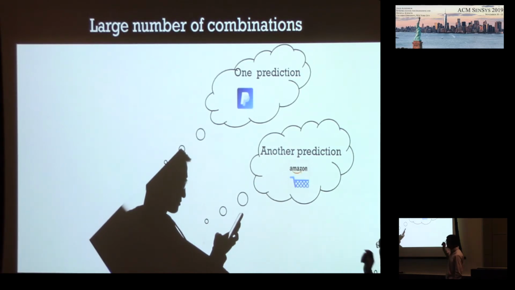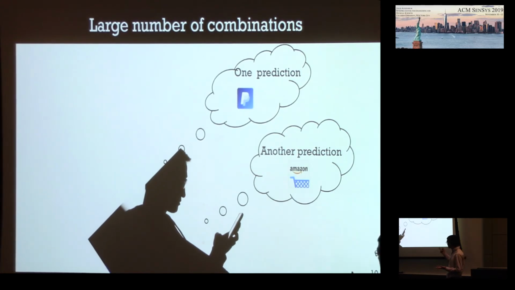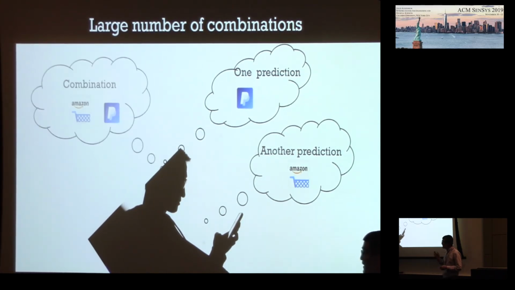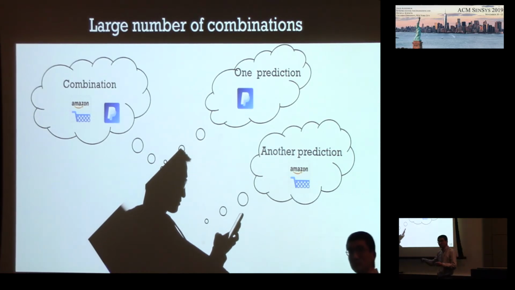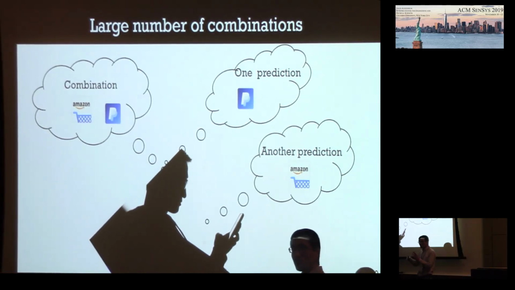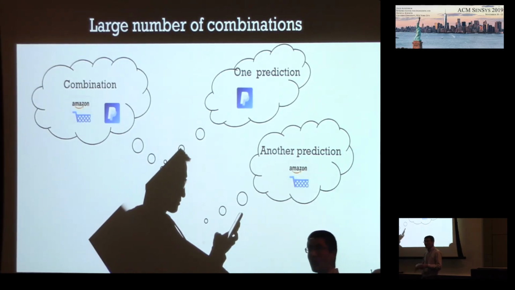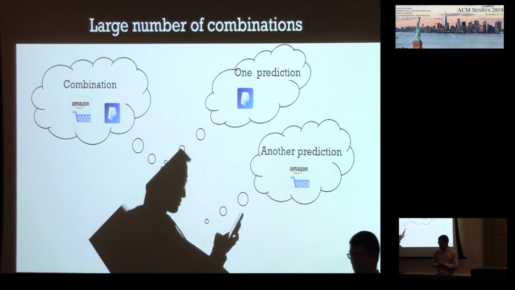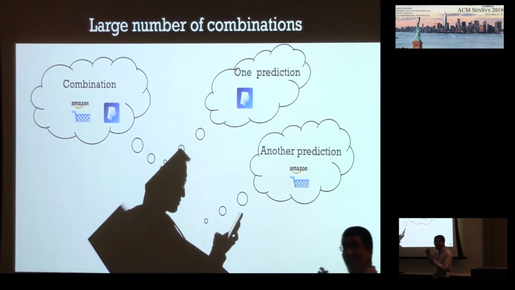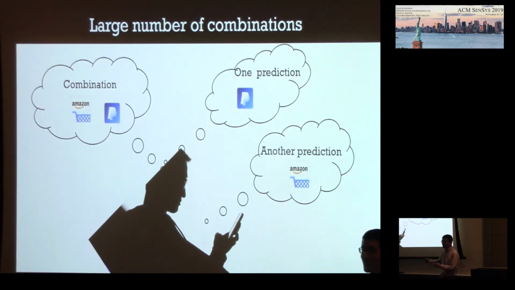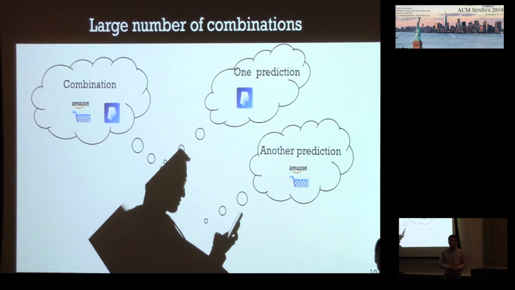For example, we may predict the user will use PayPal to pay something, or the user will use Amazon, each with a different probability. But if we can predict that in the next 5 minutes she will use a combination of Amazon and PayPal, we can increase the accuracy of our prediction. Because it's highly possible that if the user used Amazon, she will use PayPal to pay her bill, right?